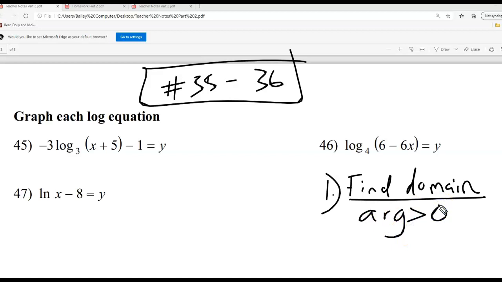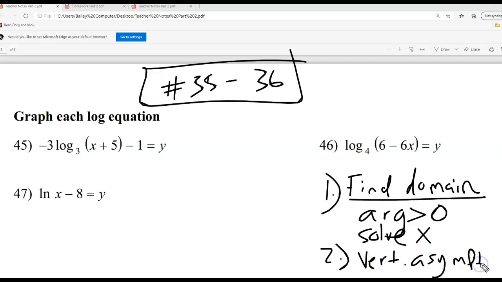And then you solve for x, okay? Now, what that gives you is it tells you where your vertical asymptote is going to be. So whatever answer you got here, that's where your vertical asymptote is going to be.